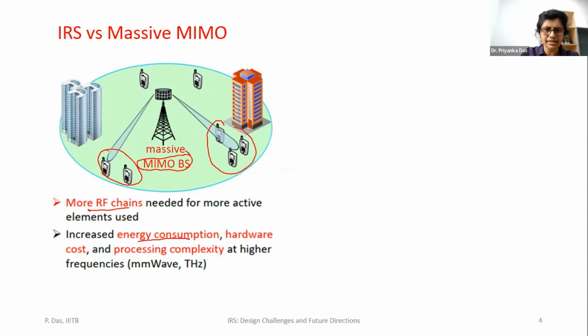Right? You are using multiple antennas. It will give you more hardware cost, processing complexity, and it will also be difficult to handle at high frequencies. At high frequencies, of course, you can compact more and more antennas within a smaller wavelength, but you also need to circumvent the path loss, which increases when you increase your frequency range, which is the terahertz or millimeter wave.